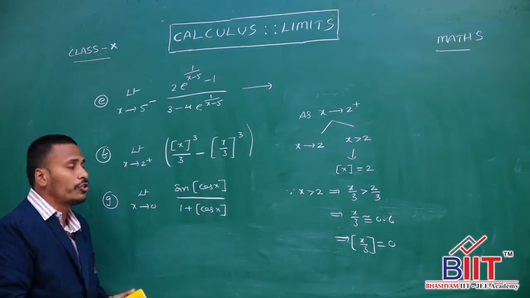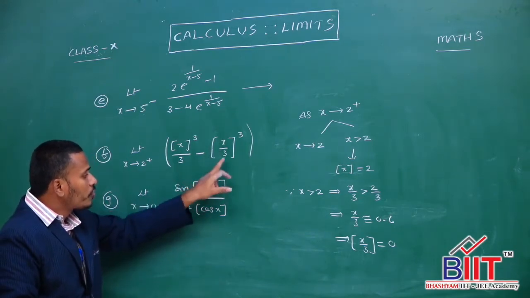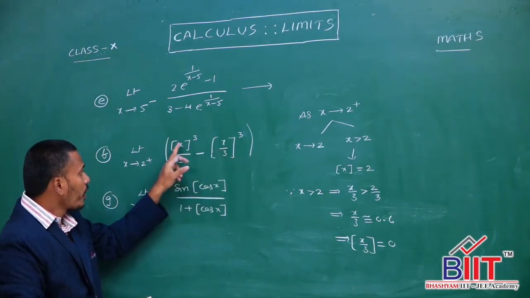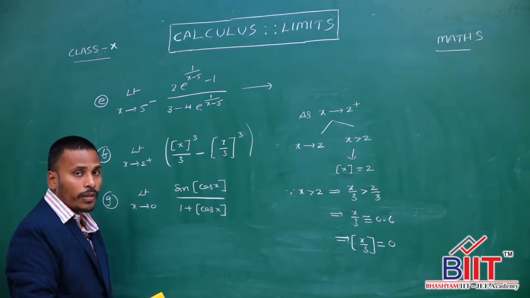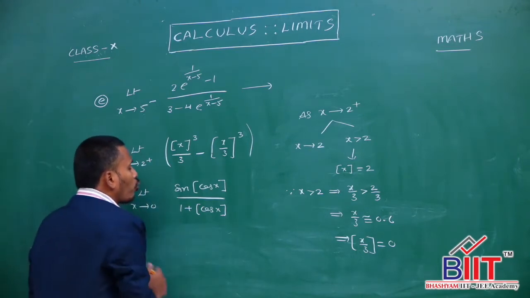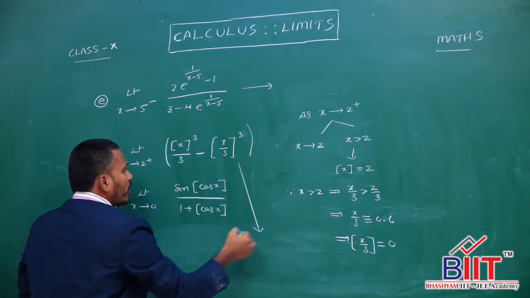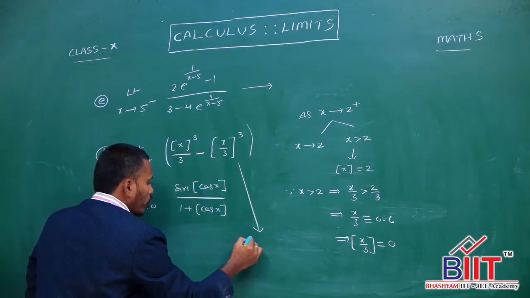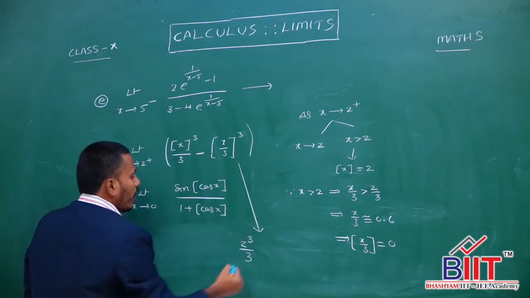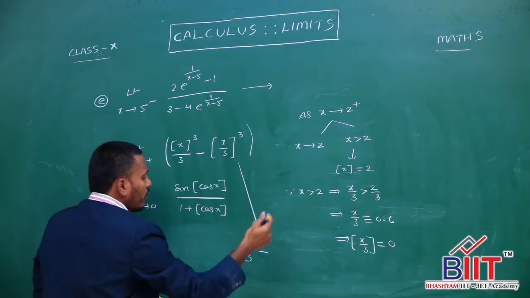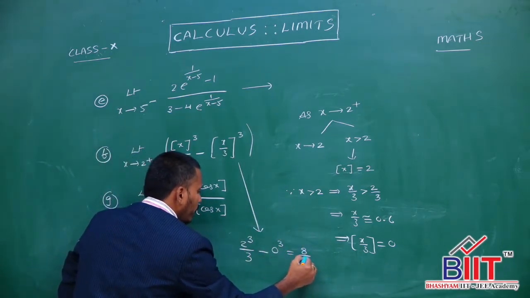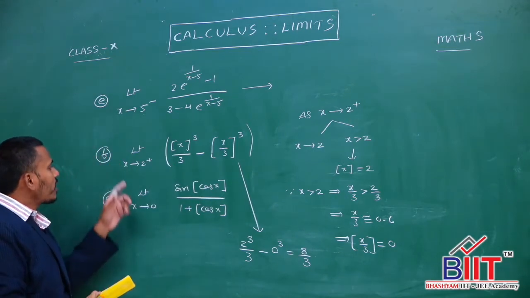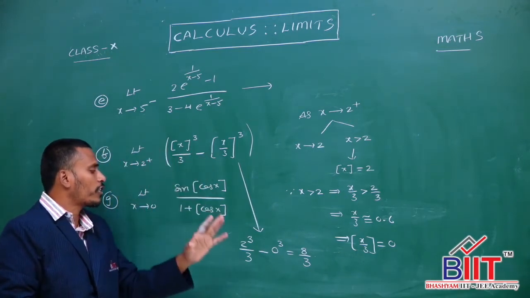Step x value is 2 because x is tending to 2 and x is greater than 2. Finally, as x tends to 2 plus, if you wish to calculate this one, step x is replaced with 2 cube by 3 minus step x by 3, which is 0, minus 0 cube, and this value is 8 by 3. So, as x tends to 2 plus, the limit of the function is 8 by 3.